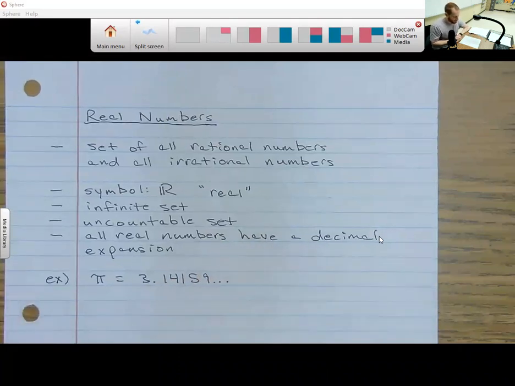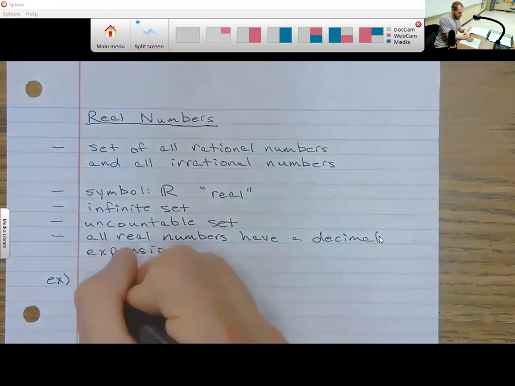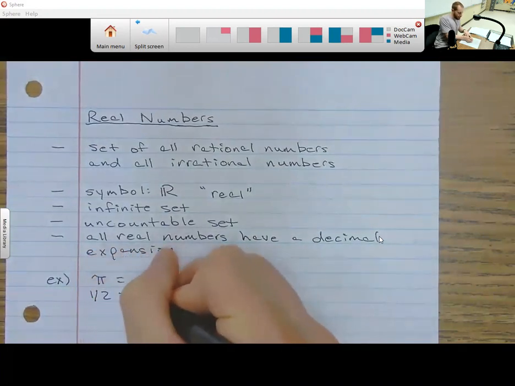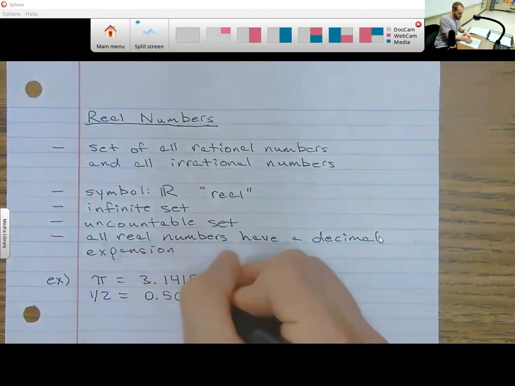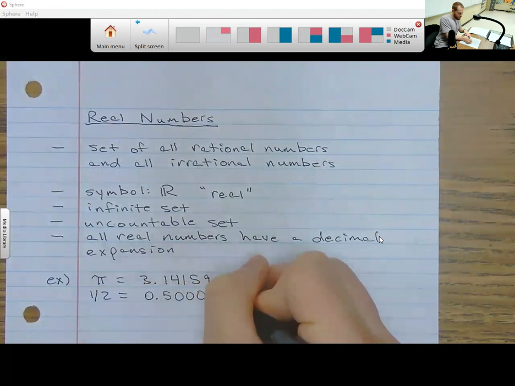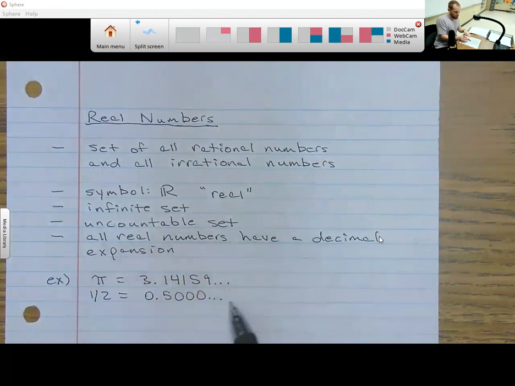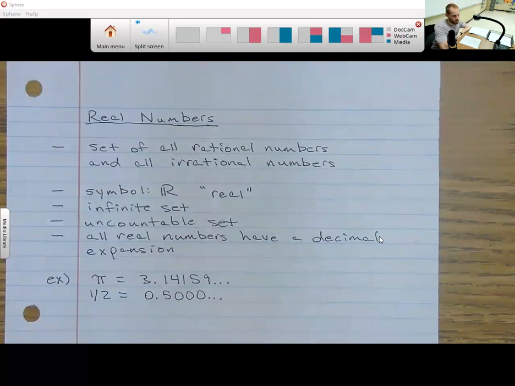It's a decimal number with a whole bunch of digits, right? So that's an irrational number, but what about a rational number like 1/2? I could write 1/2 as 0.5, right? 0.5000 dot dot dot, where all the digits are zeros. Okay, so we could write 1/2 that way.